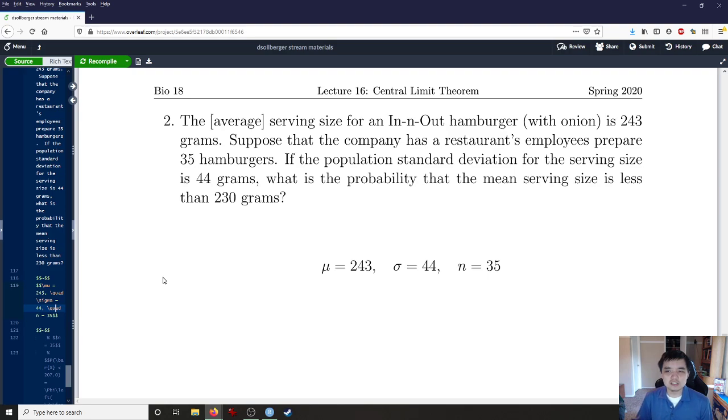So we'll parse the information. The mean was 243, so that'll coordinate with mu. The standard deviation was given as 44 grams, so that will be sigma.